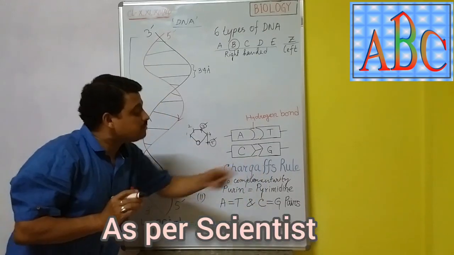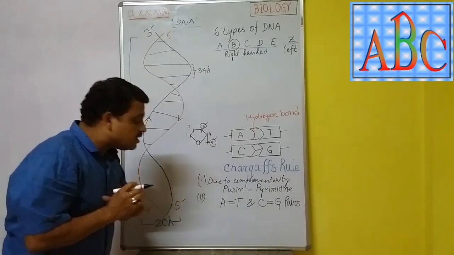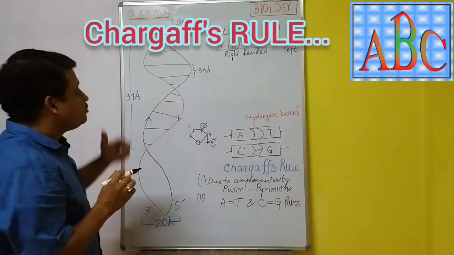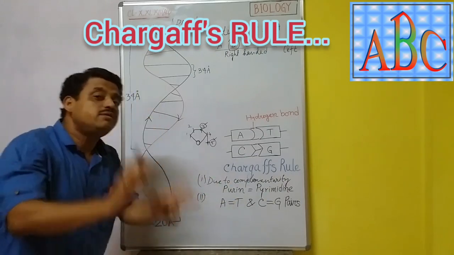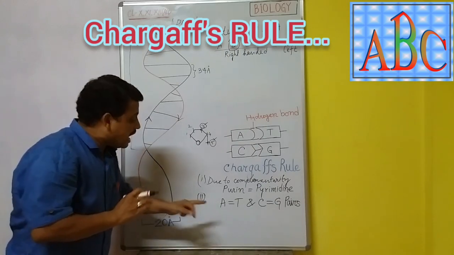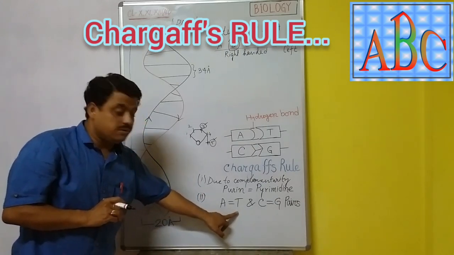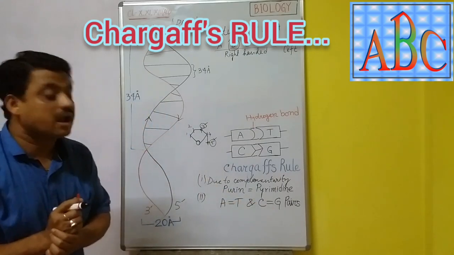As per Chargaff's rule, due to the complementarity of the two base pairs, purine and pyrimidine will always be in the same quantity in a particular type of DNA; adenine and thymine will be equal, and cytosine and guanine also will be equal.